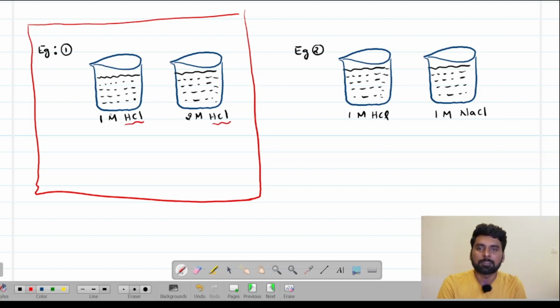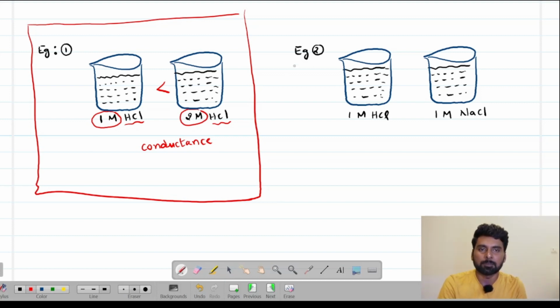But what is the difference? Here the concentration of HCl is 1m, here the concentration of HCl is 2m. So obviously 2m HCl contains more number of ions than 1m HCl. So you can say that this is the order of conductance. Which conductance is it? It is specific conductance. So the second one will show more conductance than the first beaker.